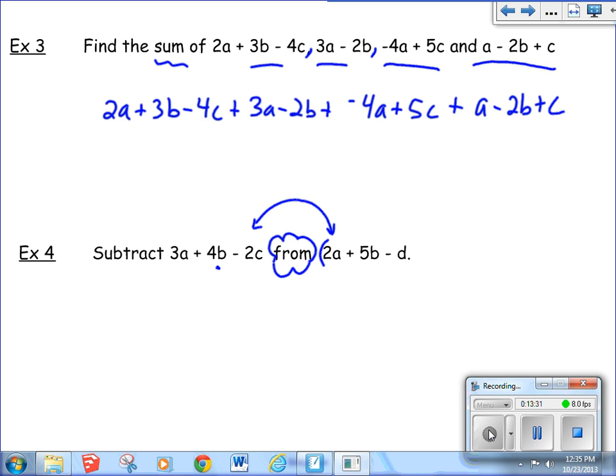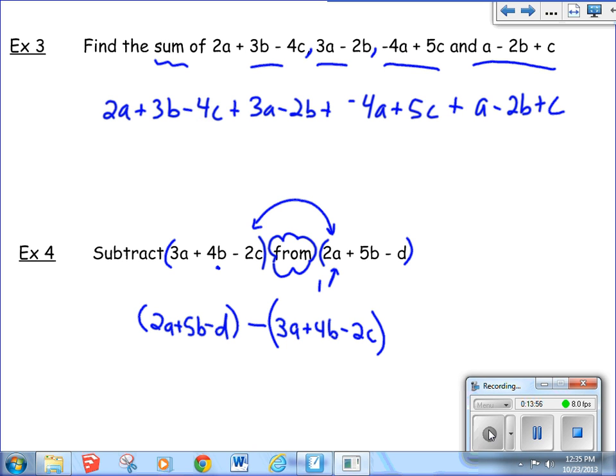Right. Put both of them in parentheses. And like Mary said, write this one first. So it's 2a plus 5b minus c, minus this quantity. We're taking it from it. And put that quantity in parentheses.